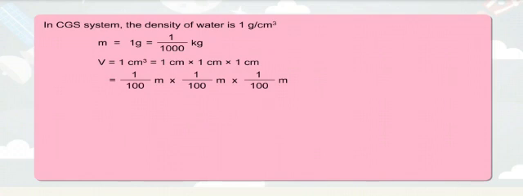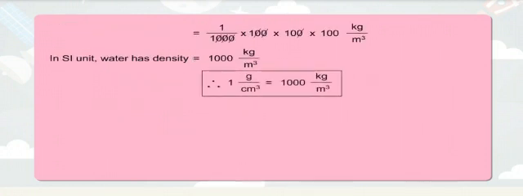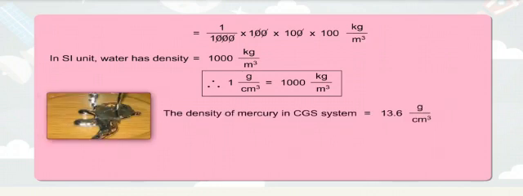by 100 meter. Placing the values in the formula of the density, it becomes 1 by 1000 kilogram whole divided by 1 by 100 meter into 1 by 100 meter into 1 by 100 meter. Solving this, we get 1000 kilogram per meter cube. So the relation becomes 1 gram per centimeter cube is equal to 1000 kilogram per meter cube.